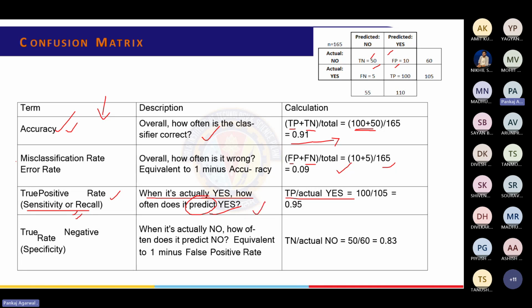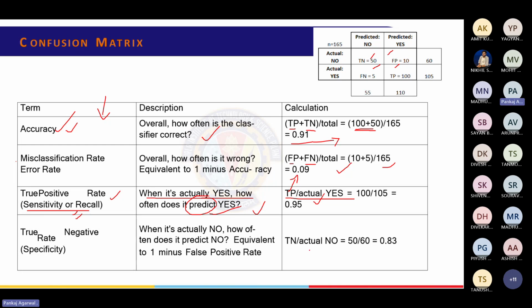Remember this, because there is another term that confuses it. When we list down the actual cases, and out of those actual cases, how many of them were yes, we are talking about true positives only, divided by the actual yes.